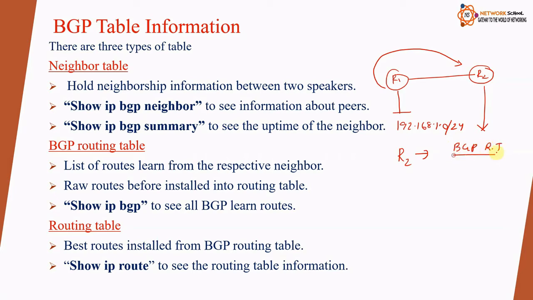To see the BGP routing table in R2, we just have to use the command show IP BGP.